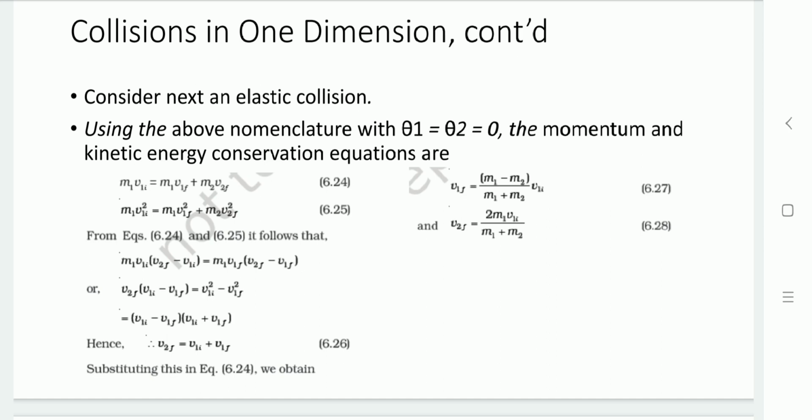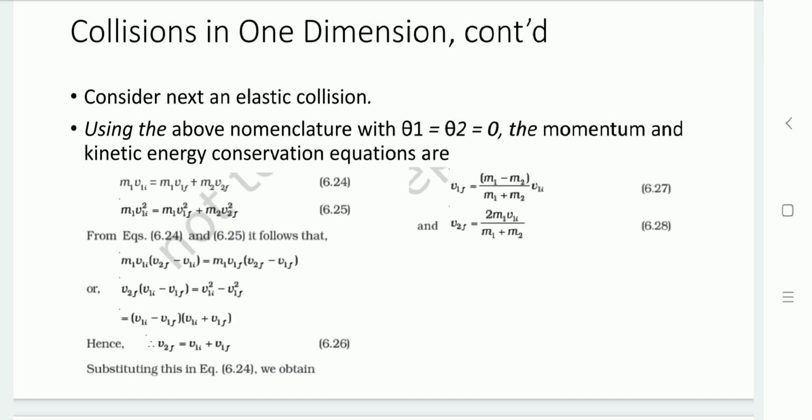So that would be equal to (v1i minus v1f) into (v1i plus v1f). So (v1i minus v1f) cancels out from both sides, so we are having v2f equal to v1i plus v1f.